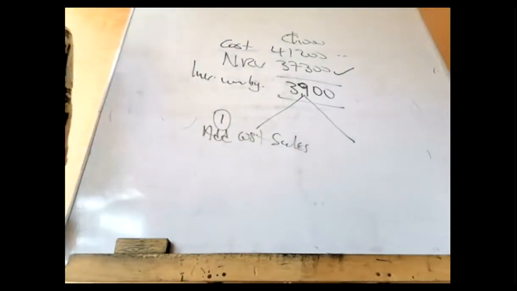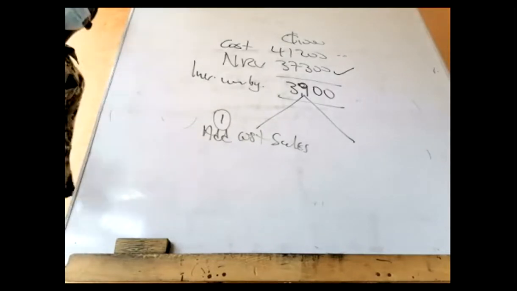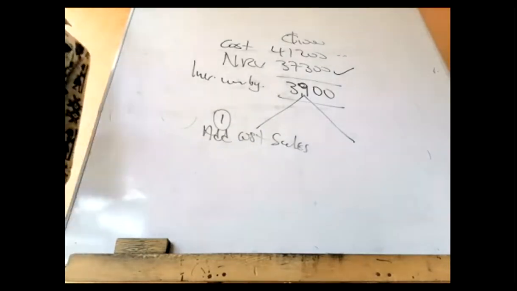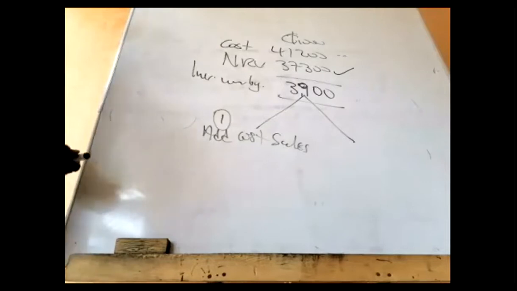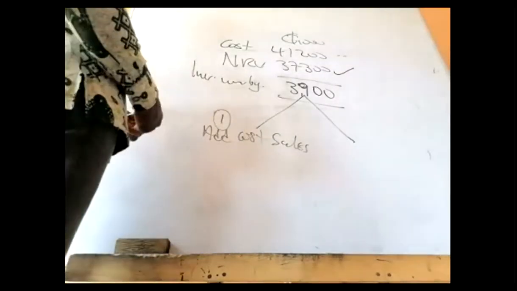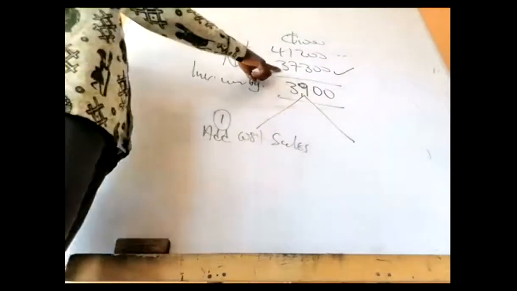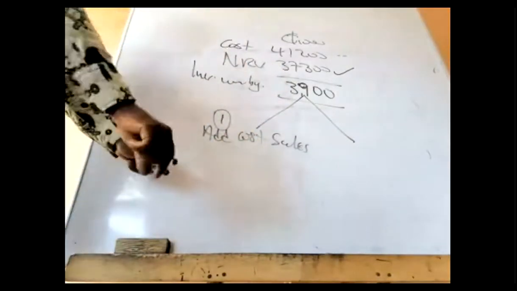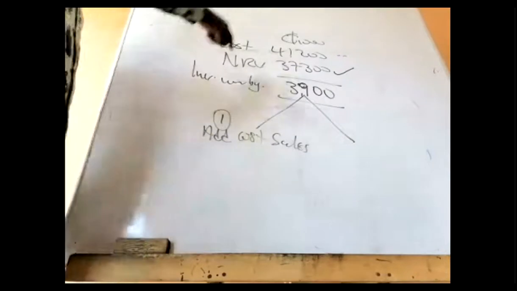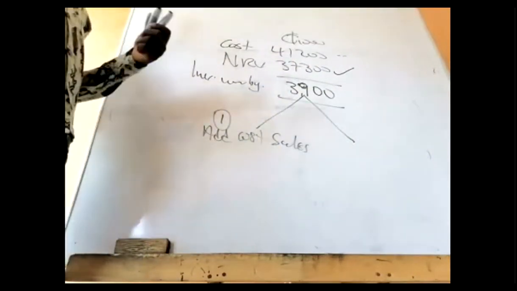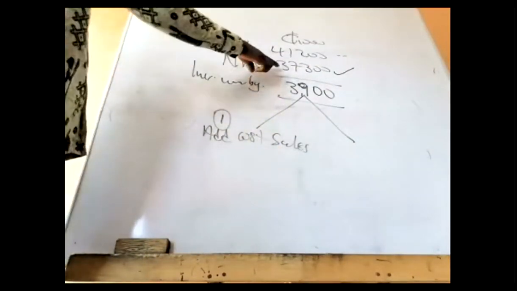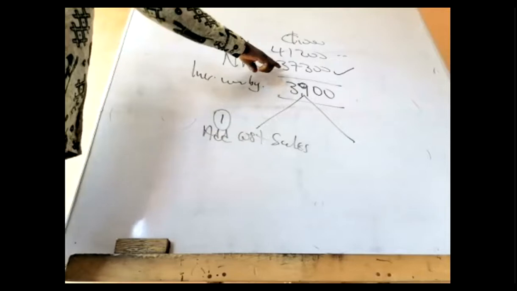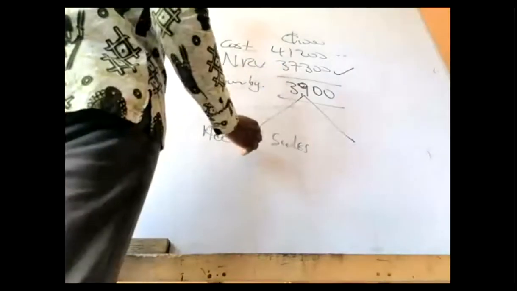Don't wait for the cost to arrive before you say you didn't make provisions. So we don't need to wait until we sell the goods at 37,300 and realize the loss. Let's realize the loss now, so that in a future period, when we sell the goods at 37, there is no loss. So we add 3,900 to the cost of sales.